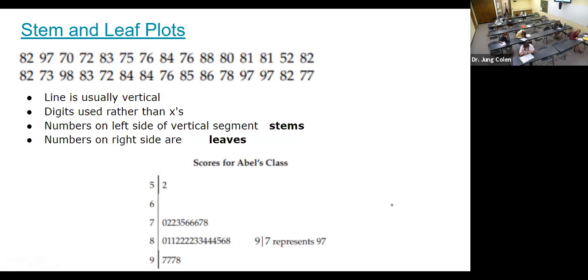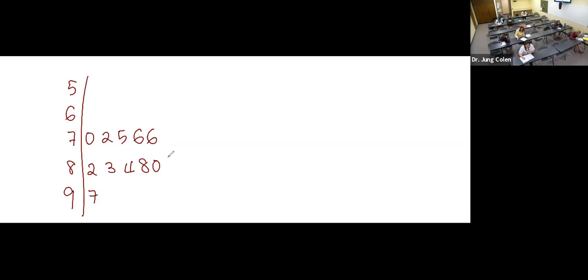So if you have numbers in the extent in this class: 50, 60, 70, 89, and 82, 97, 70, 72, 83, 75, 76, 84, 76, 88, 80, 81, 81, 52, 82, and so on and so on.